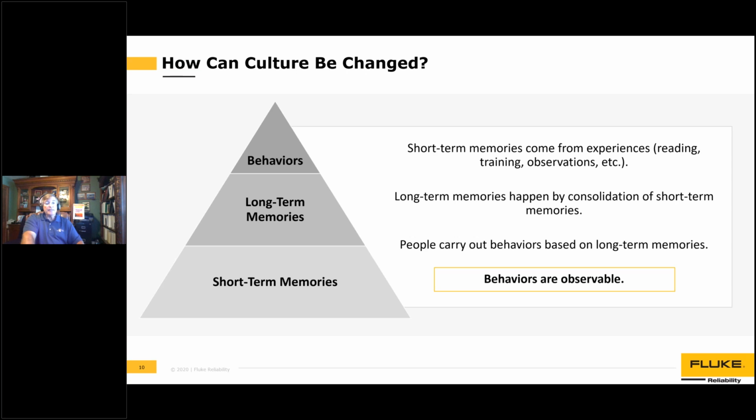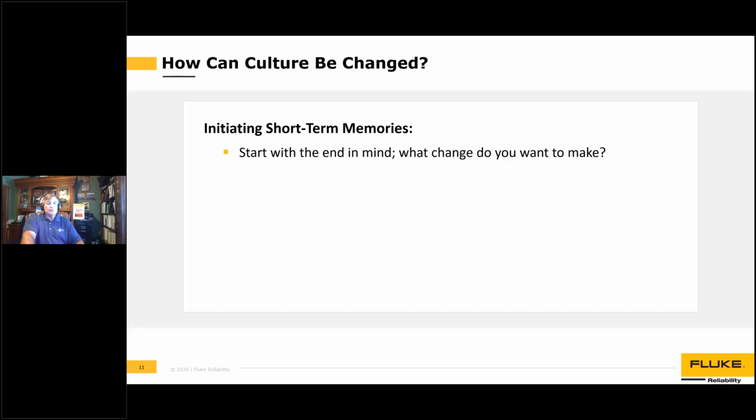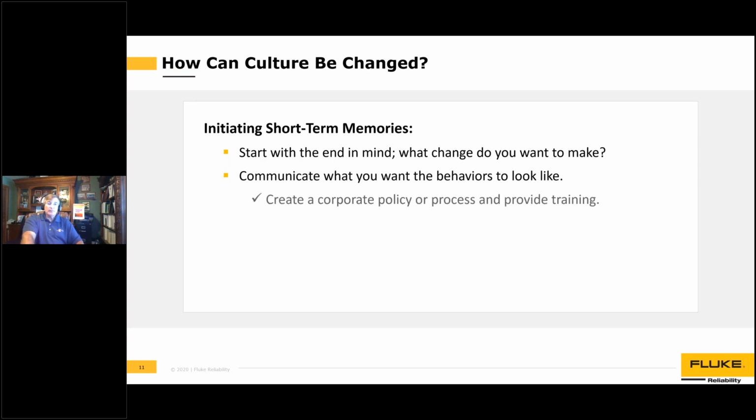The key point here is that behaviors are observable. So when we talk about implementing a change, what we care about are the behaviors. When we initiate short-term memories, what you want to do is start with the end in mind. So what change do you want to make? You have to be able to describe what you want the end state to look like. We then have to be able to communicate what we want the behaviors to look like. And we do that by creating corporate policies or processes and providing training on those policies and processes.